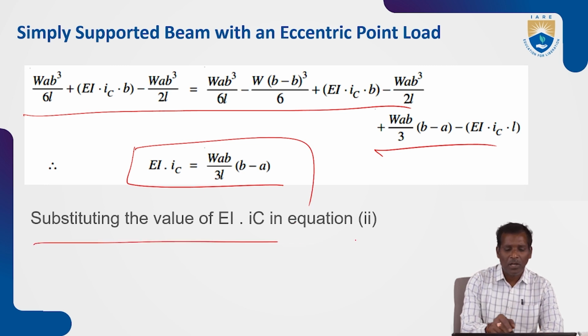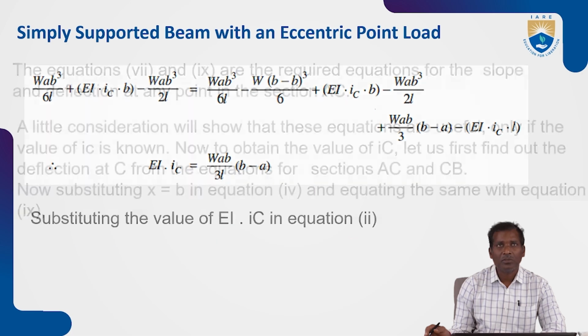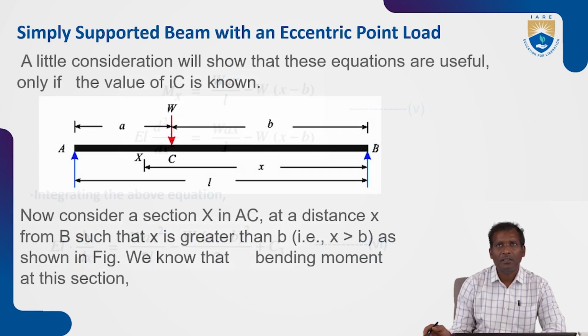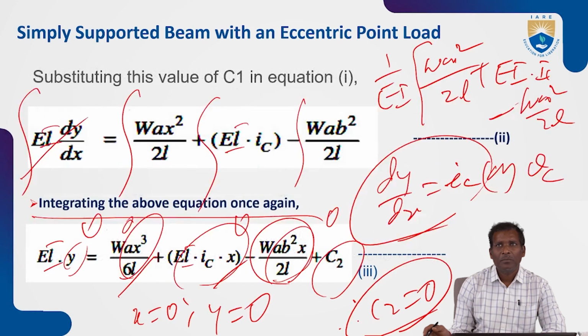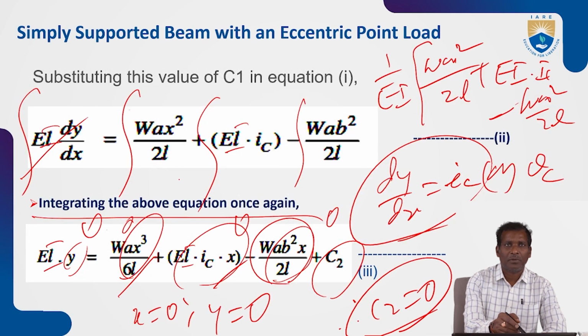So substituting the value of EI into θC in equation 2. So what is equation 2? Already we have derived this equation 2. EI into dy by dx is Wax square by 2L plus EI into θC.